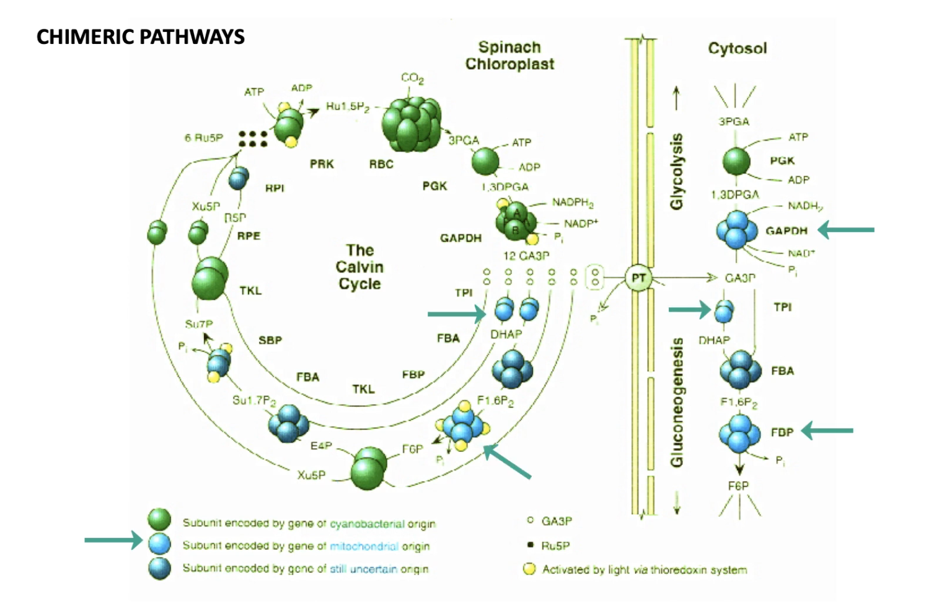And all of the enzymes that are in light blue are from mitochondria. And then the ones in darker blue are of unknown origin, but probably from the original protist cell. So you can see even in the Calvin cycle, while many of the enzymes are of cyanobacterial origin, a number of them are also of mitochondrial origin, that is, from the alpha proteobacterium.